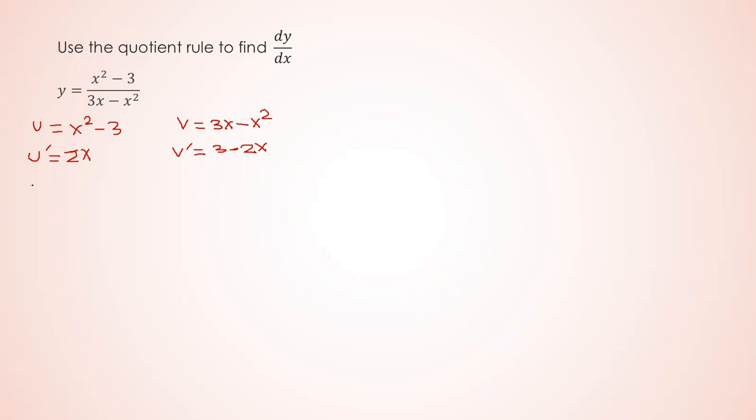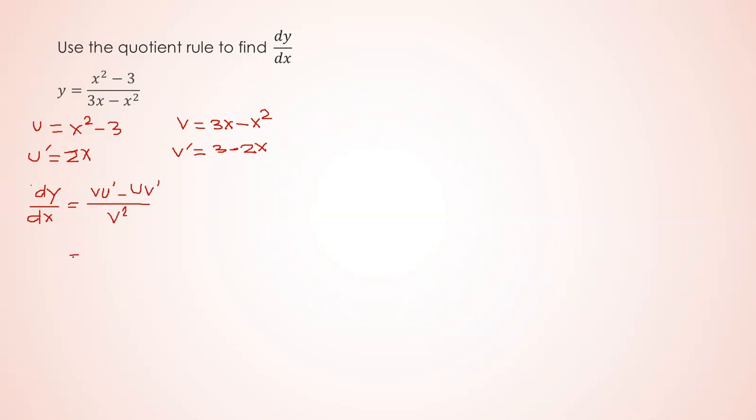How about dy/dx? The dy/dx formula is v times du/dx minus u times dv/dx, over v squared, like this.